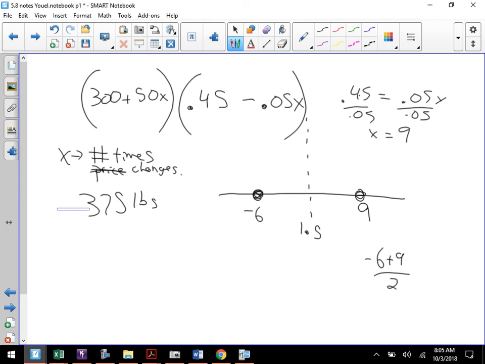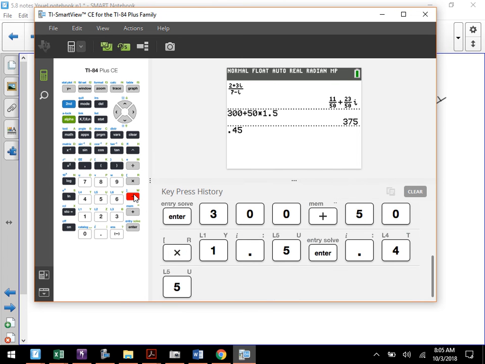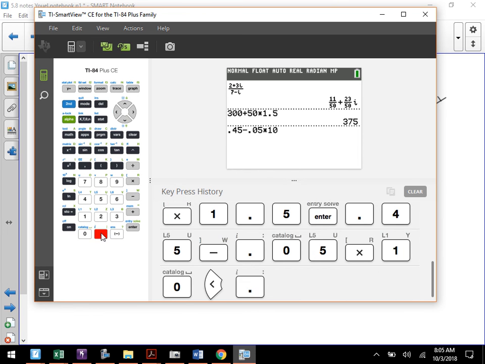I get 375 pounds of bananas at a price of 0.45 minus 0.05 times 1.5, at 37.5 cents. Okay, it's 37.5 cents.